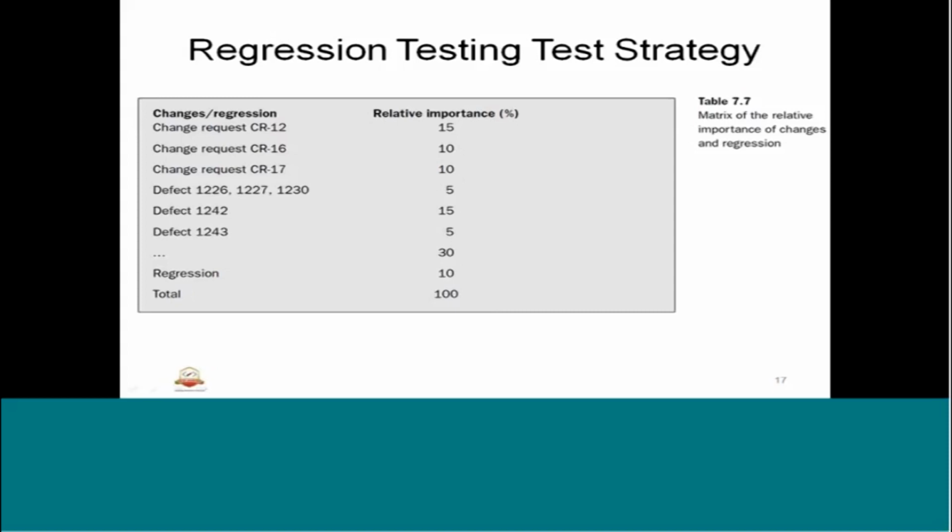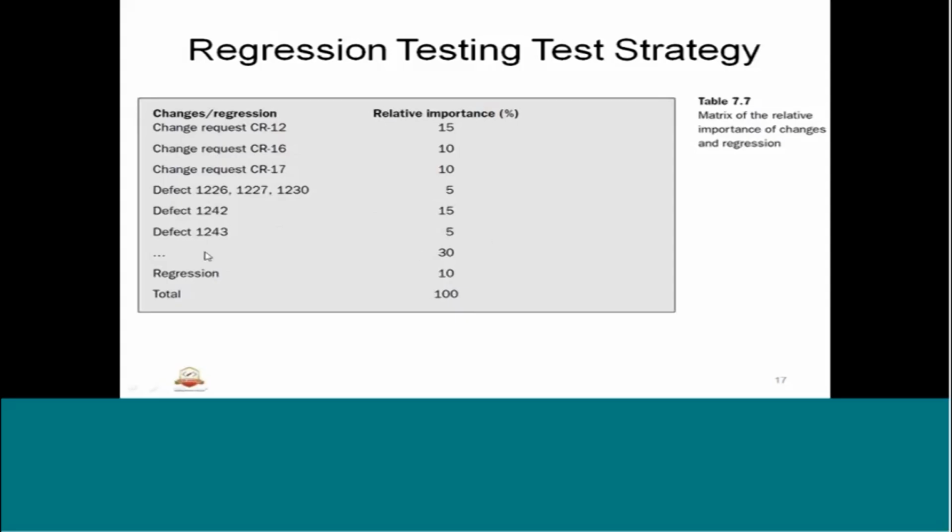The importance: change request could be 15%, another change request 10%, change request 17 10%. Defects are there. Some defects are very less important, and their importance is 5%, whereas defect 1242 is a 15% relative importance. Defect 1243 is 5% importance.